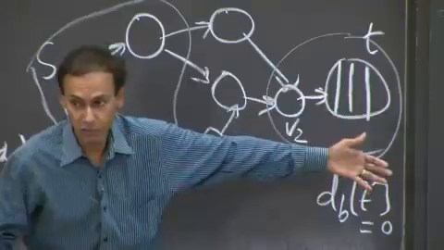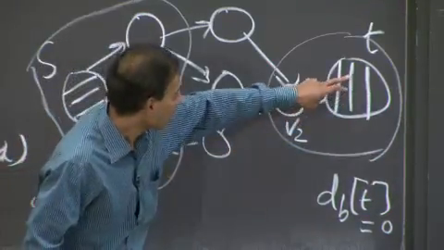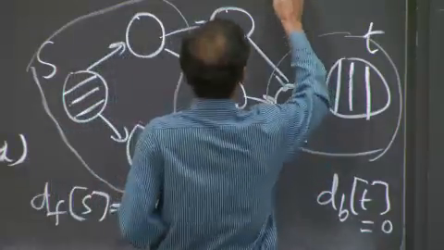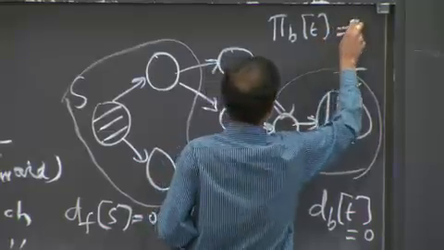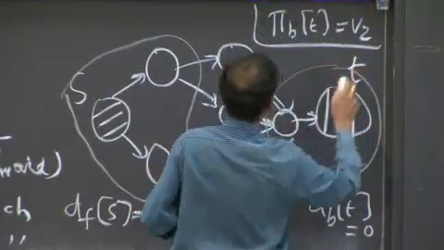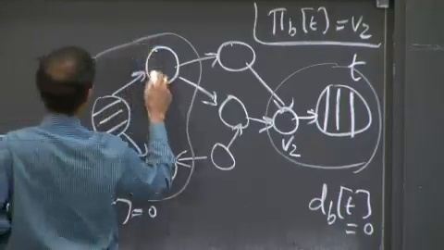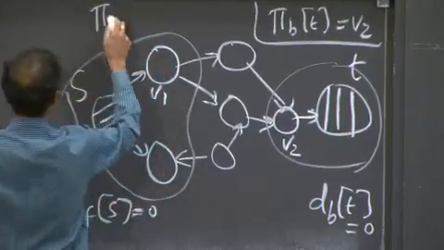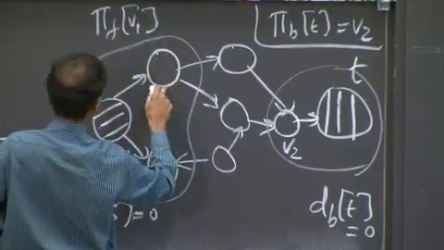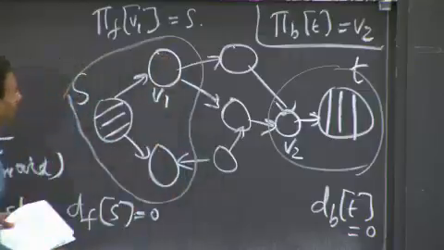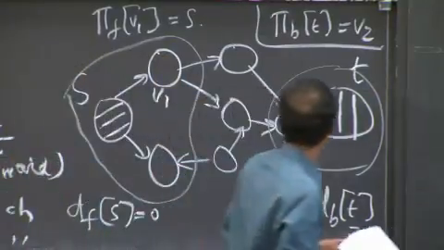Because that's the only edge that goes to T. And so what I'm saying here is that the predecessor pi B of T equals V2. Okay? That makes sense? And then over here, if this was V1, then I would have pi F of V1 equals S. Right? That makes sense? Everybody buy that? All right.